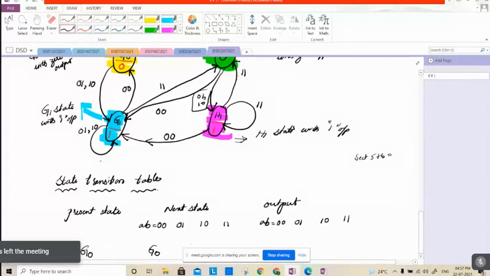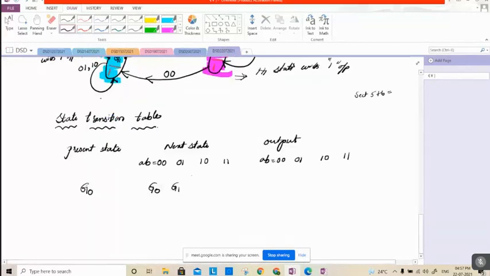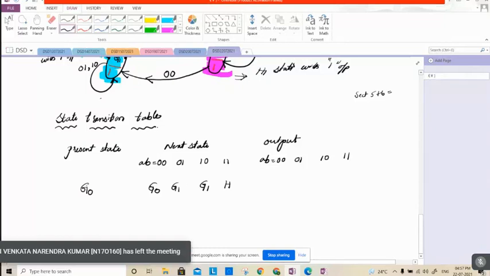If 0, 1, what is my next state? G1. If 1, 0, what is my next state? G1. If 1, 1, what is my next state? H0.